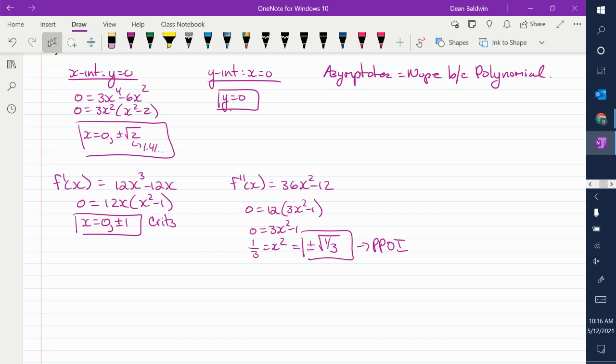So there are your critical numbers and possible points of inflection. The square root of 1 over 3, for decimals, is 0.57.